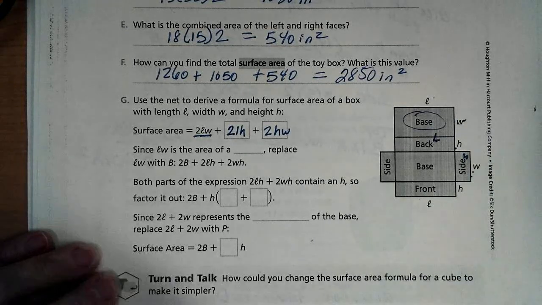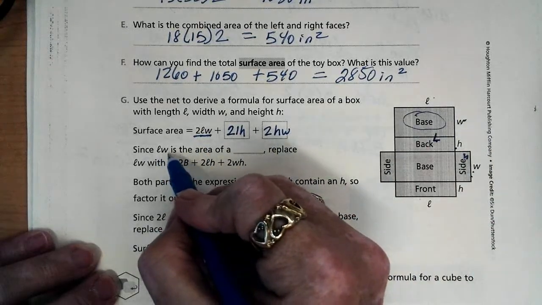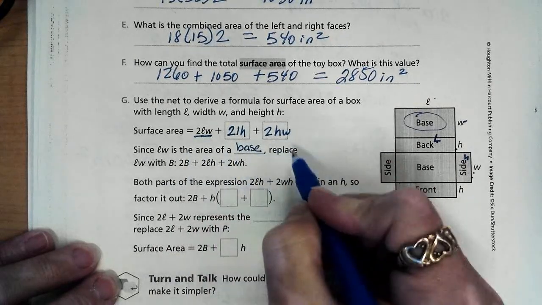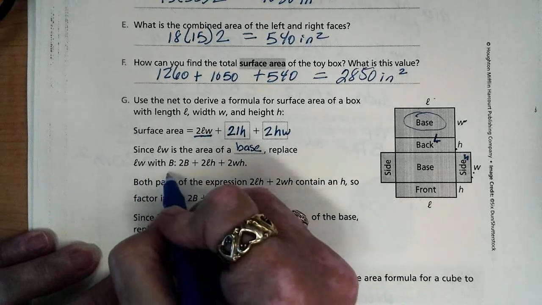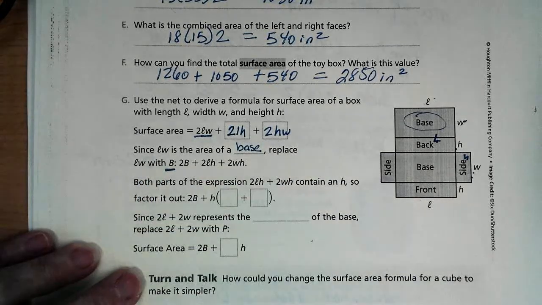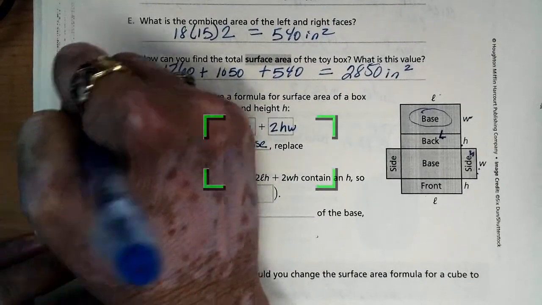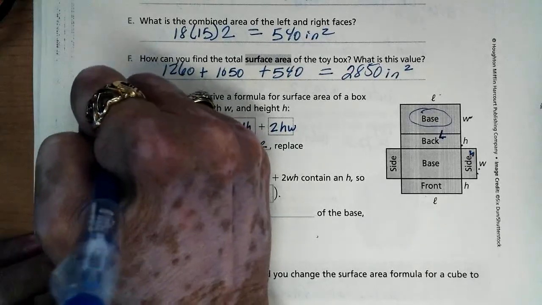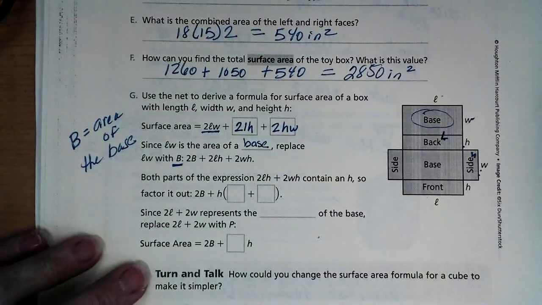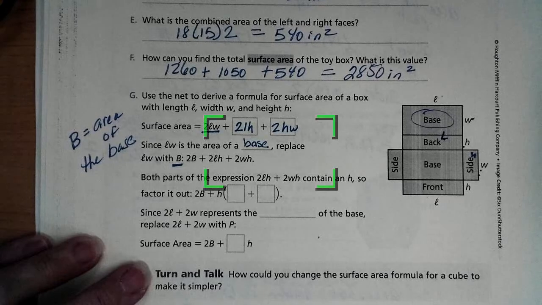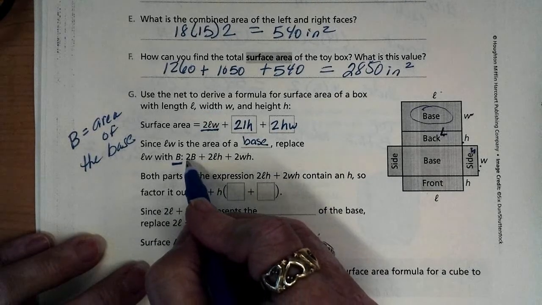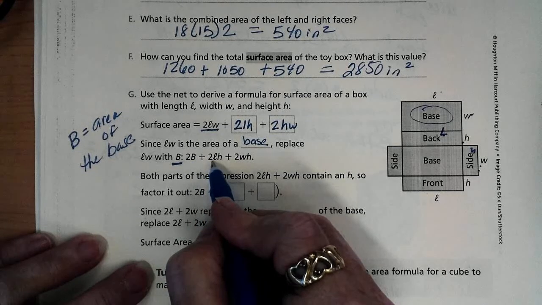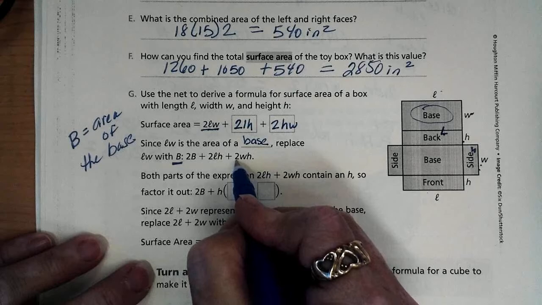It says, since LW is the area of a base, replace the L and W with a capital B, which basically means area of the base. That's what capital B means. So now we have 2 times the area of the base plus 2 times the length and the height plus 2 times the width and the height.